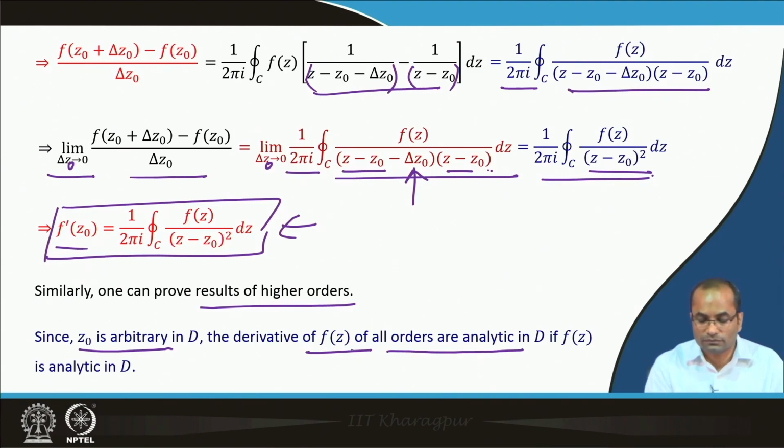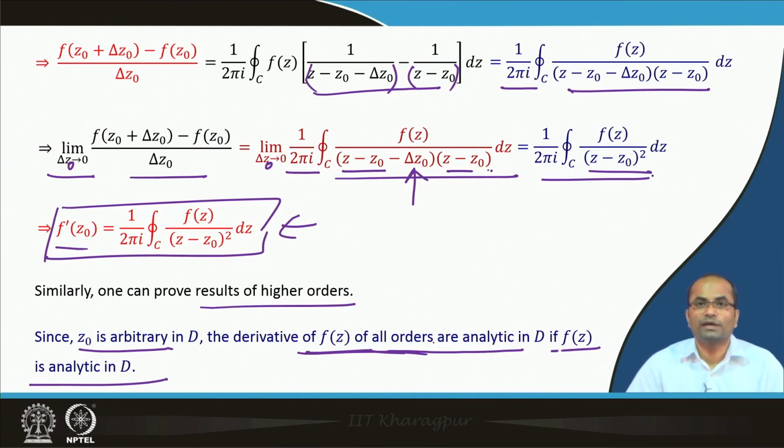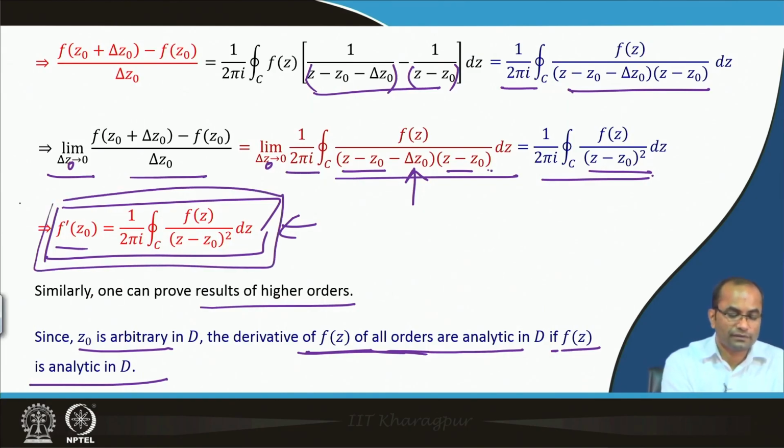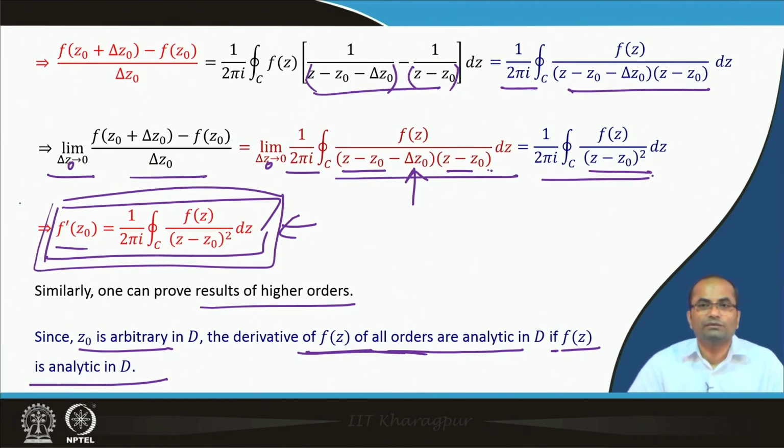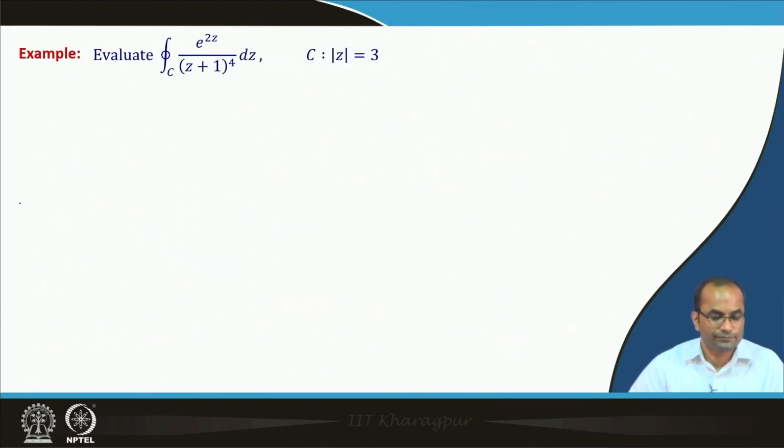All order derivatives of f(z) will also be analytic in D if f(z) is analytic in D. That is a very interesting result in complex variables: if f(z) is analytic in D, then all its derivatives will also be analytic in that domain D, which is readily proved from this result, where we have seen that the derivatives can be computed easily once we know that f(z) is analytic.